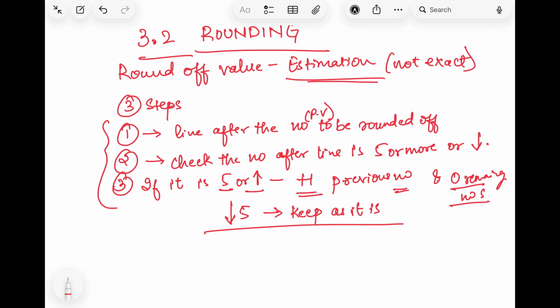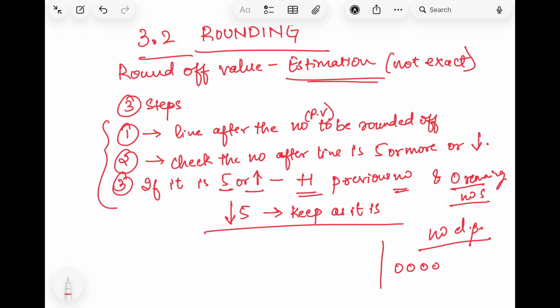Not in all cases, only where there is no decimal point. If there is a decimal point, we stop the number at the line only. But if there are no decimal places, we put 0 in place of the leftover numbers.